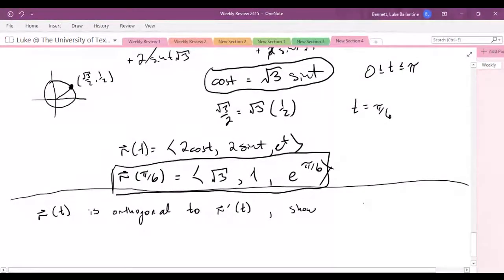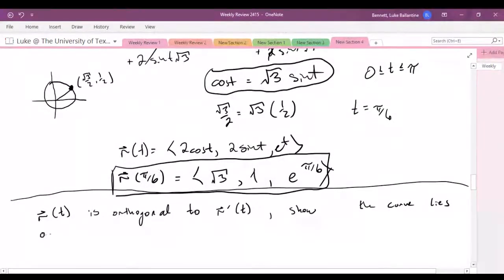Show the curve lies on a sphere with center the origin.